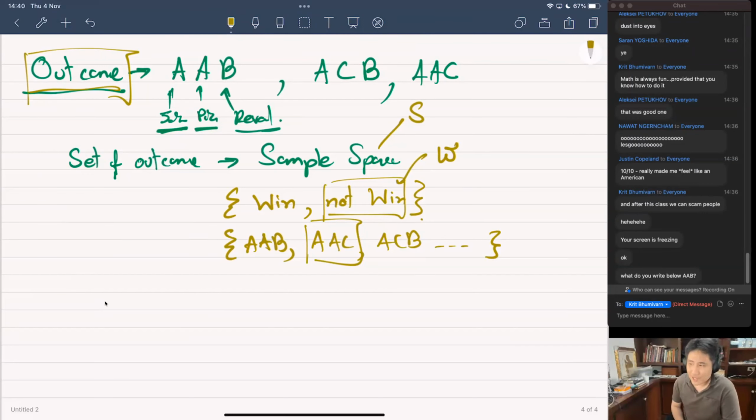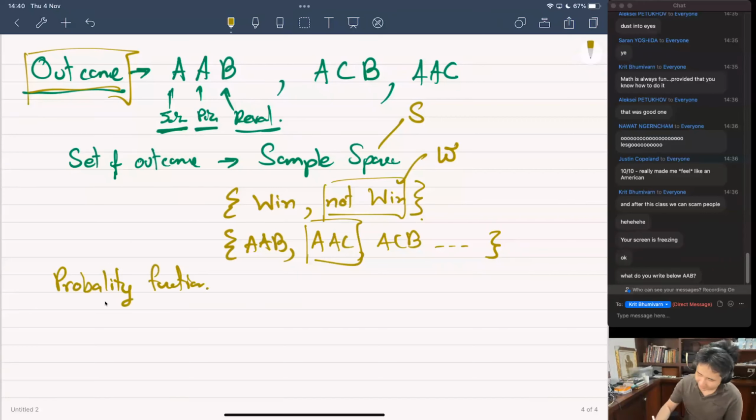Then, if you really want to calculate some meaningful statistics, or meaningful probabilities, you will need another function, which is the probability function. Probability is a function, by the way.